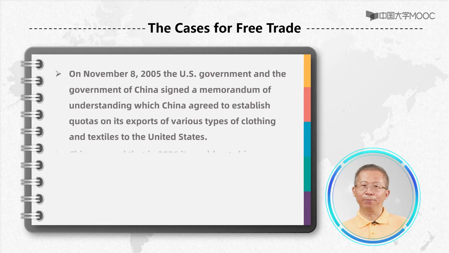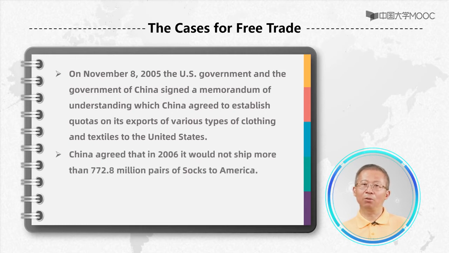For example, China agreed that in 2006, it would not ship more than 772.8 million pairs of socks to America. This agreement significantly raised the price of socks and other goods to American consumers.